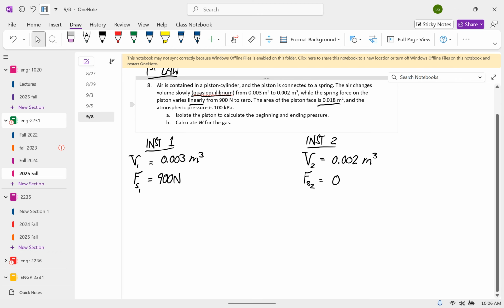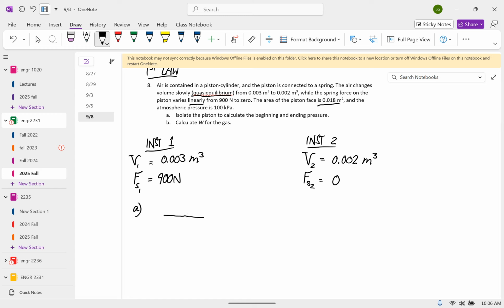Okay, so first we're going to think of a free body diagram of the piston. And there is a pressure inside.